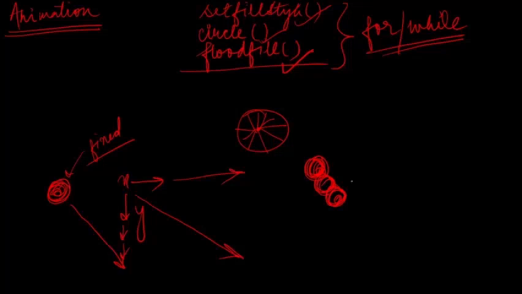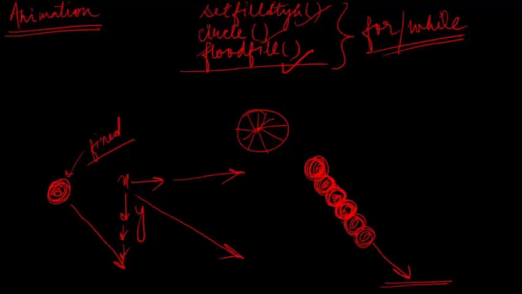Maybe it may collapse, it may not, depending on the values of x and y. Then a fourth ball, fifth ball, sixth ball, up to the number of times the loop has been executed, or up to a certain fixed point. Now if we do so, can we see a ball being dropped?